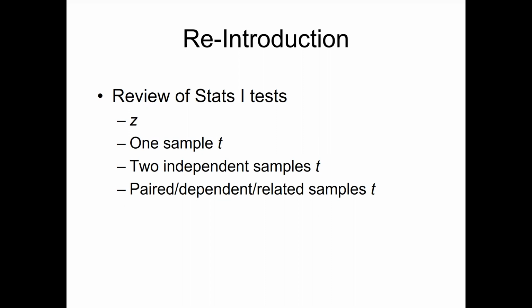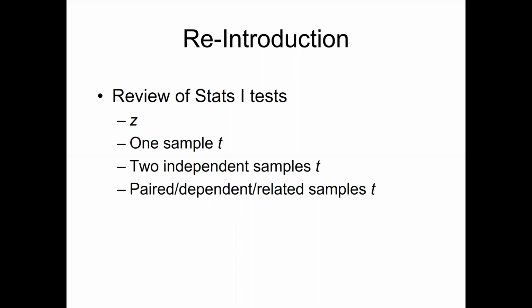And those are called paired or dependent or related sample t-tests. As I said, it's very common. It needs a different test because it violates one of the assumptions of the t-test, which is that the samples don't overlap. They're not correlated, they're not related. And so it has a different test.